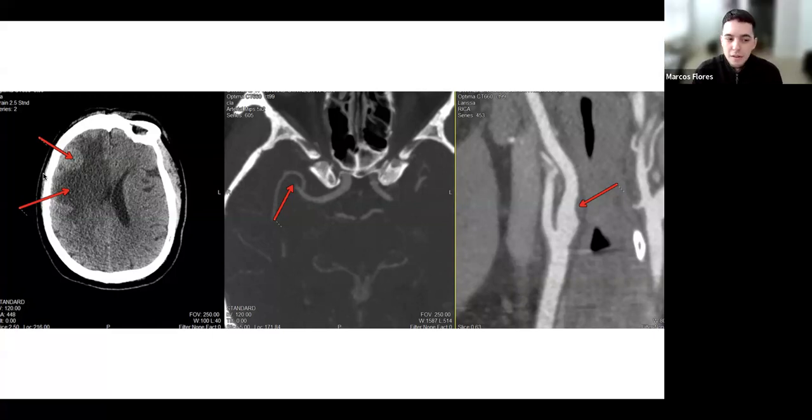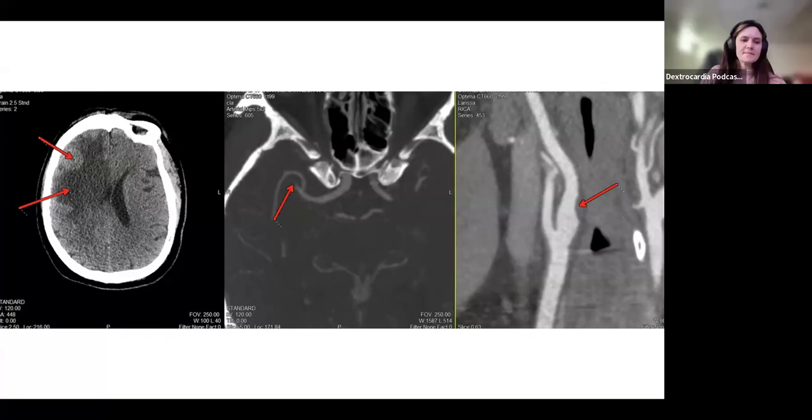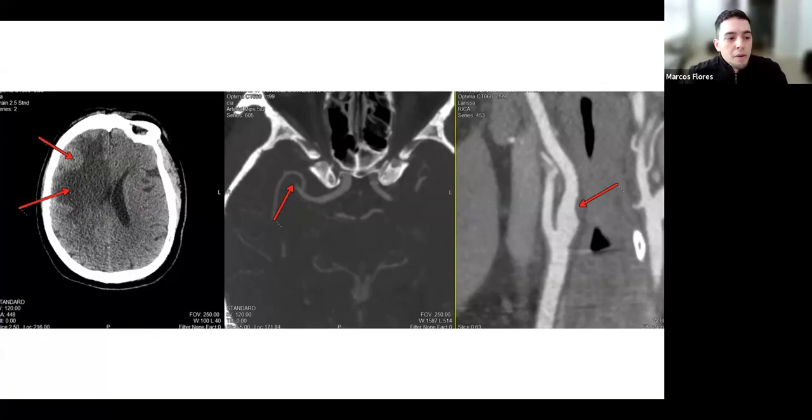So usually, to keep it simple, we divide the edema into cytotoxic or vasogenic. Cytotoxic will be inside the cell, and vasogenic will be breaking that blood-brain barrier, and it's going to spread. So anything that affects the blood-brain barrier will be vasogenic, like in this case.